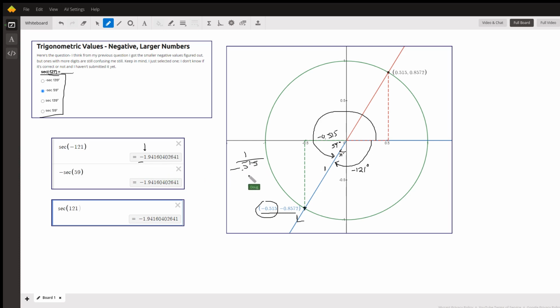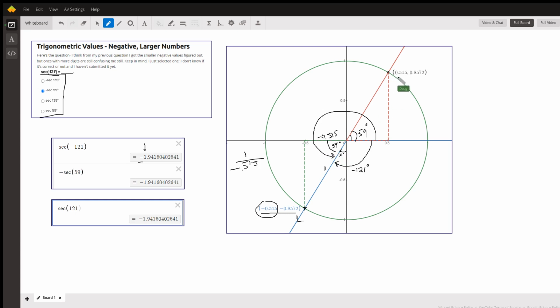The reason the secant is negative is because in the third quadrant, the x-coordinate is negative. And of course, the hypotenuse we always take as positive. So now, can you picture a 59-degree angle here in the first quadrant? These are vertical angles right here.